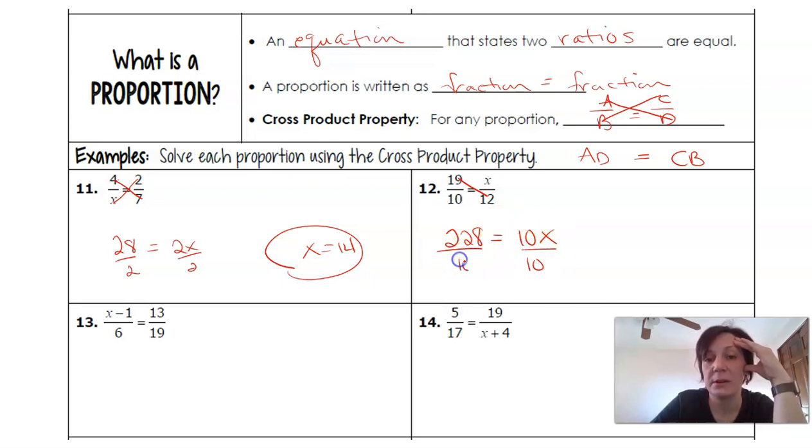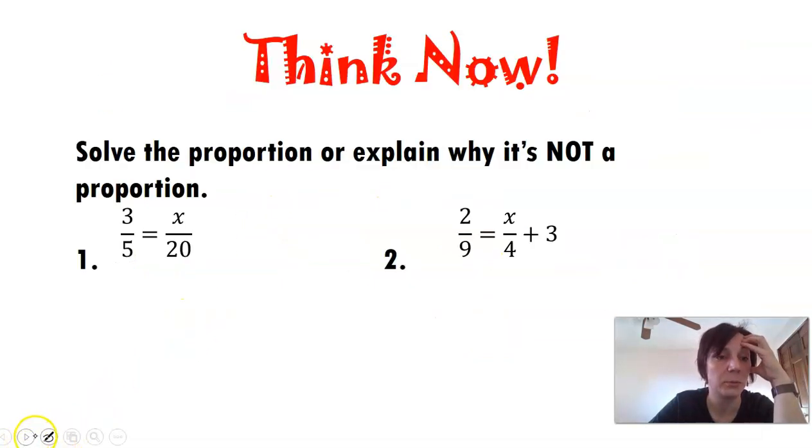I'm just going to divide by 10 on both sides. I'm almost positive I did that arithmetic wrong, but whatever. So x would be 22.8 if I did my arithmetic right. These down here are a little more complicated. They're going to involve a distribution, but we're not going to look at those ones for right now. We're going to stick with the normal ones.